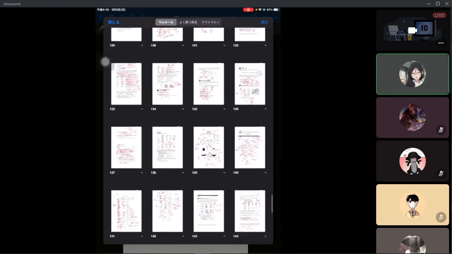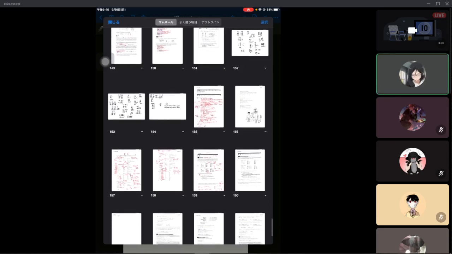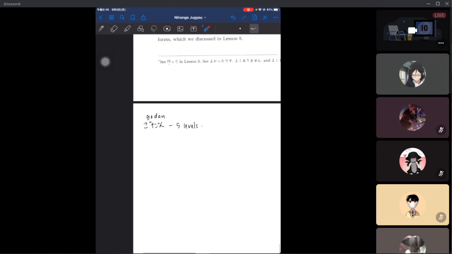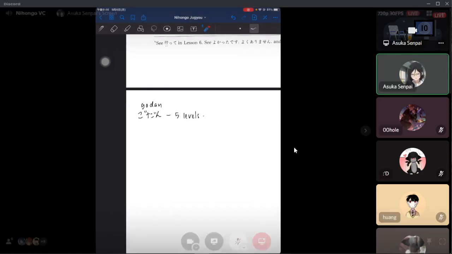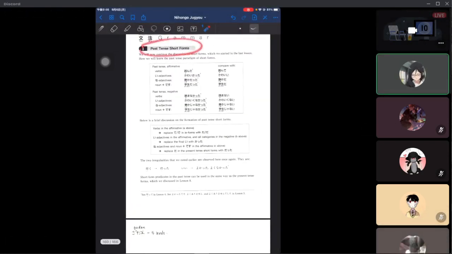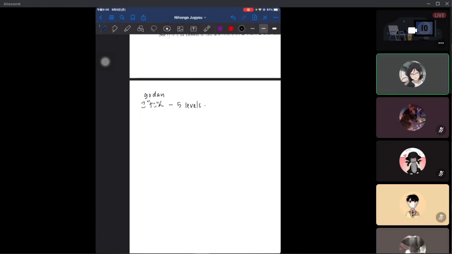So now we will apply that knowledge into conjugating into past tense. Godan can be a bit hard to remember when conjugating into short form and past tense. The formula is to remember that under godan, there are a few categories of hiragana that you have to remember. First, the verbs that end with u, tsu, and ru.